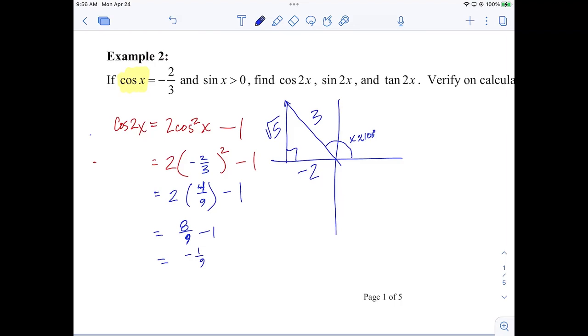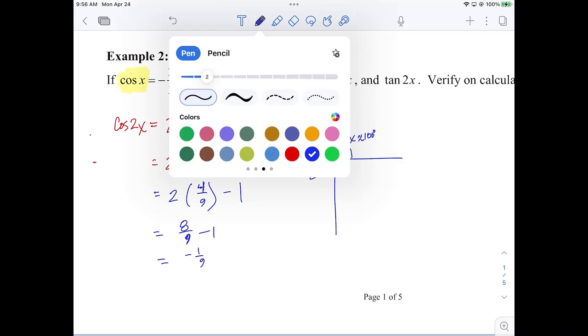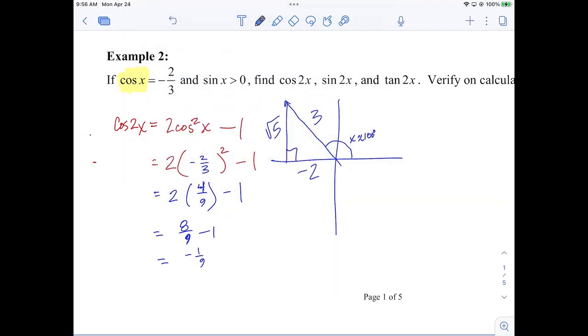But what are we doing here? We're finding the cosine of an angle that's twice as big. An angle that's twice as big would be somewhere down here, like 100 times 2. 2x would be around 200 degrees. And what do we know about a triangle down here in quadrant 3? What do we know about the cosine? Is it also negative?